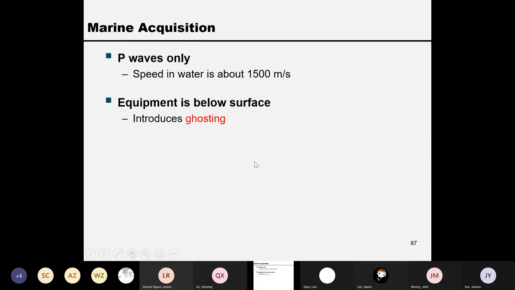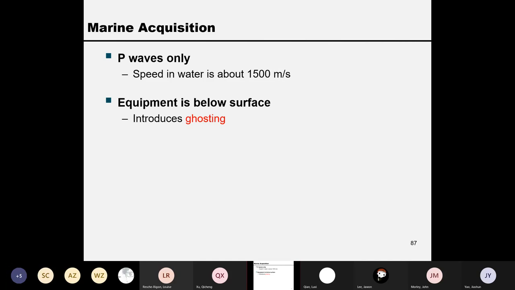First of all, because in the water environment you can only record the P wave, which is a compressional wave, P stands for primary.